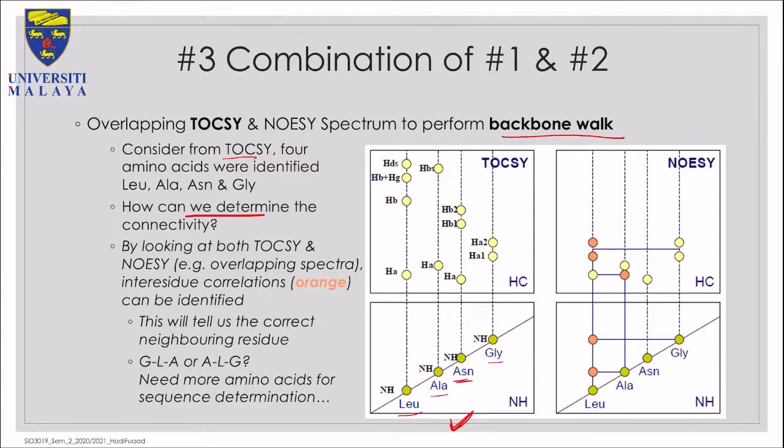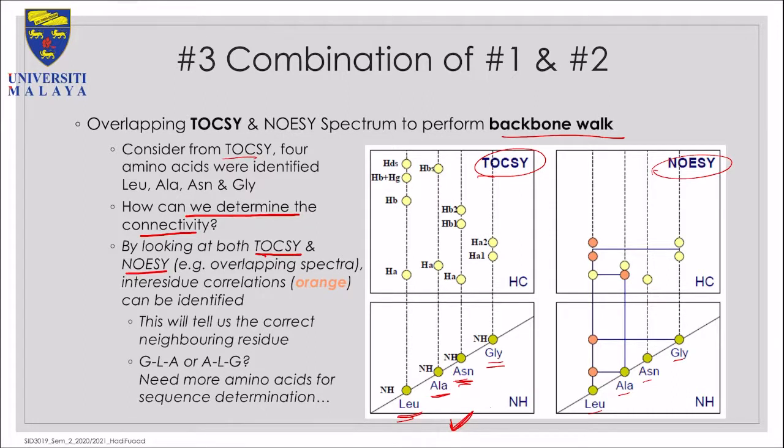So how can you determine the connectivity? By looking at both TOCSY and NOESY. That one is TOCSY, that one is NOESY. With TOCSY, you look at it and manage to identify which amino acid each peak corresponds to. Without TOCSY, it would be difficult for you to identify that this one is leucine, alanine, asparagine, and glycine.